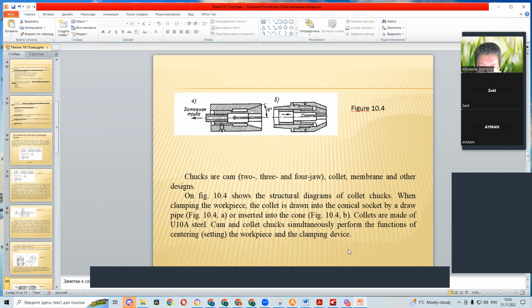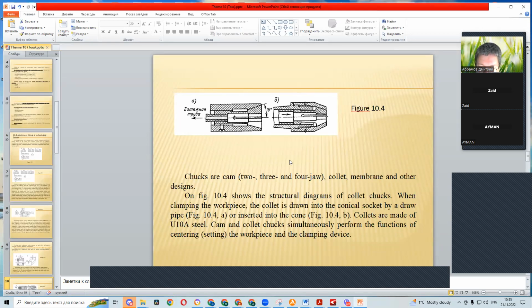When clamping the workpiece, the collet is drawn into the conical socket by a draw pipe, figure 10.4a, or inserted into the cone, figure 10.4b. Collets are made of U10A steel.